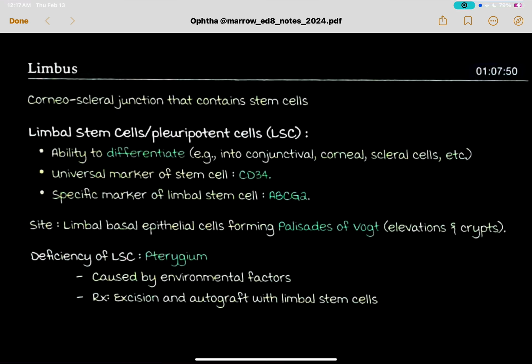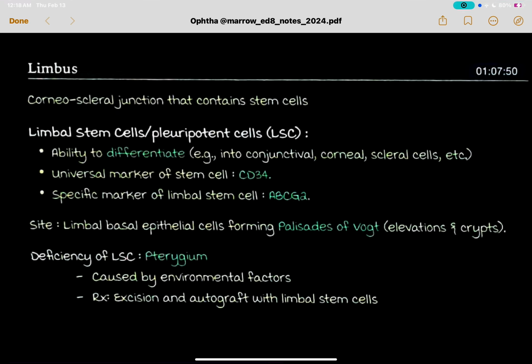CD34 is universal, and the specific marker of limbal stem cells is ABCG2. Site: limbal basal epithelial cells forming palisades of Vogt, elevations and crypts.